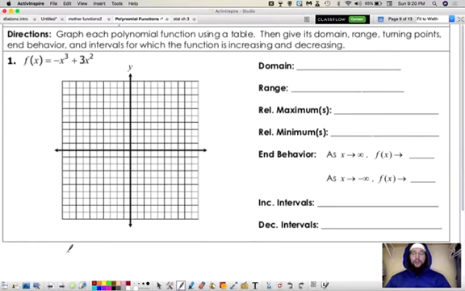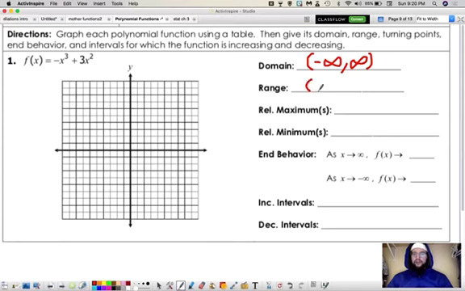Domain: it's a polynomial function, so your domain is all real numbers, period, no exceptions, no ifs, ands, or buts. That is your domain. Now, what's your end behavior? It's an odd degree, and it's negative in coefficient. That's up and then down, without even looking at it.